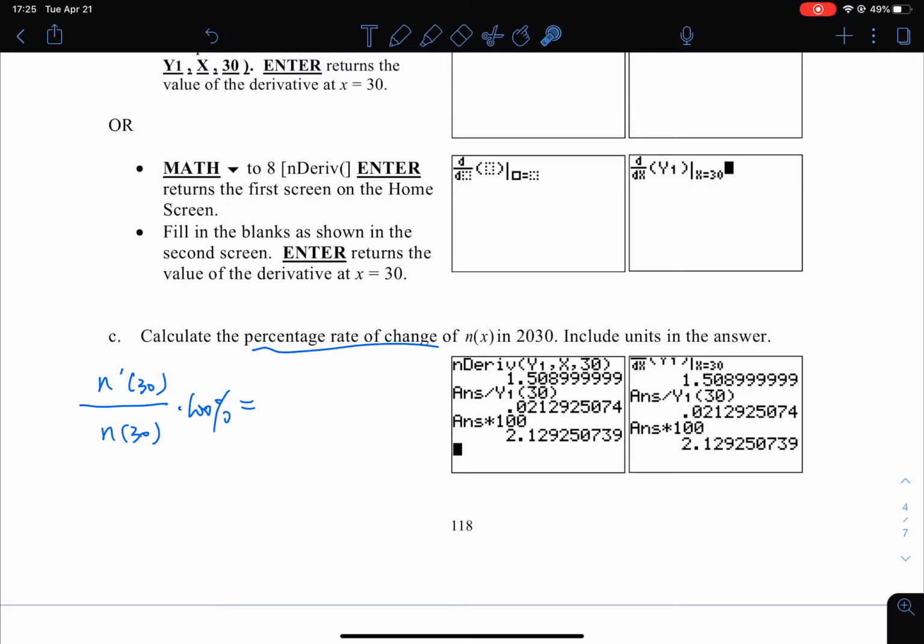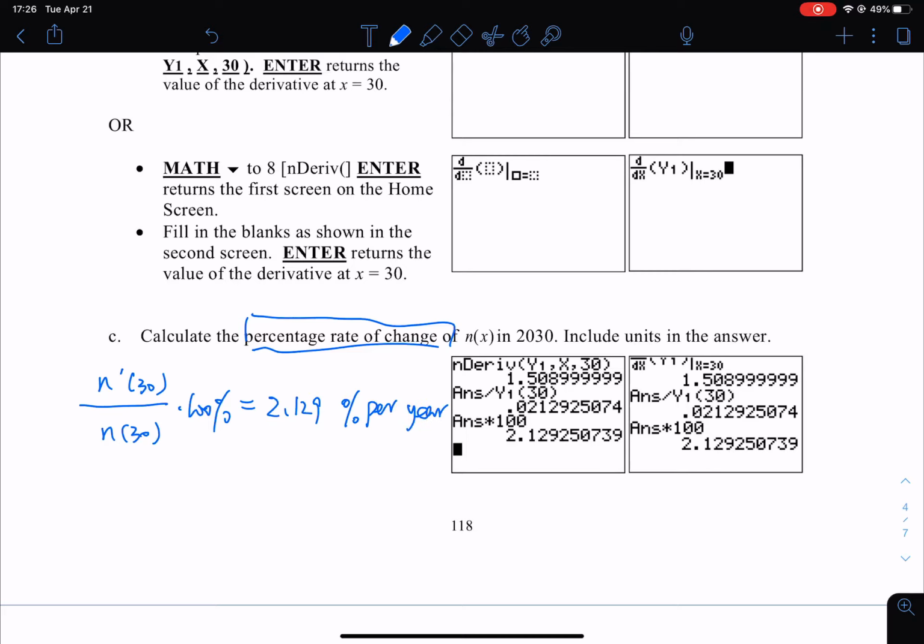So we use this answer divided by n of 30, then because we have the 100%, times 100%. You can see this is 2.129. Then because this is the percentage rate of change, the unit is percent per input unit, the input unit is year, so percent per year.